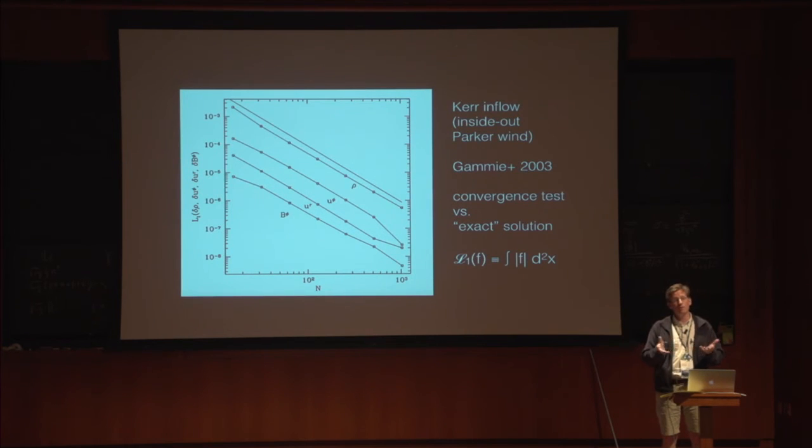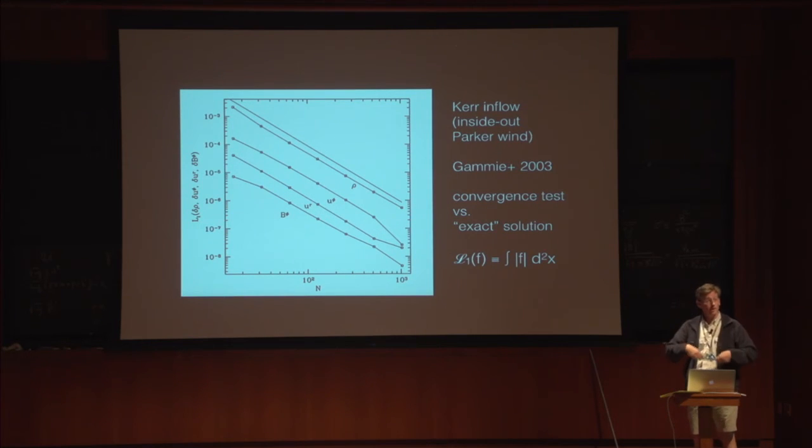And this is similar, but we've turned it inside out and used it to describe flow from the innermost stable circular orbit in the equatorial plane of a black hole in through the event horizon. So this has the full non-trivial space-time in it. And again, we get second order convergence. So we think the code is working.